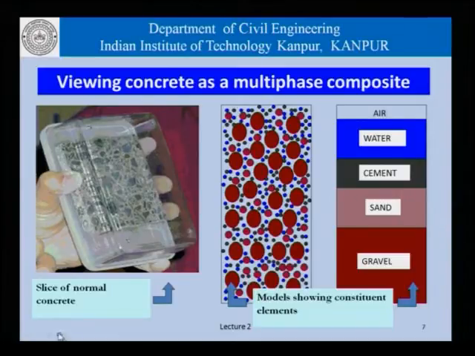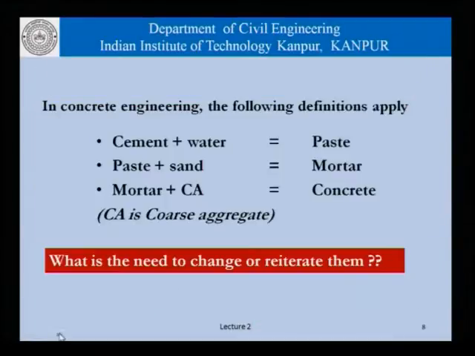That was our understanding, and this picture here was the volumetrics of the concrete mix, where the coarse aggregate, sand, cement and water, and very importantly air had been discussed. These constituents are arranged in a concrete matrix. Continuing from this, we have defined that paste is cement and water, mortar is paste and sand, and concrete is mortar and coarse aggregate.